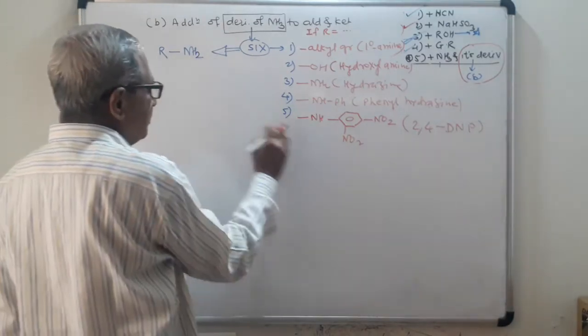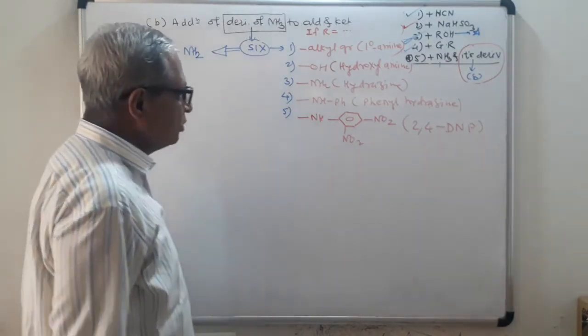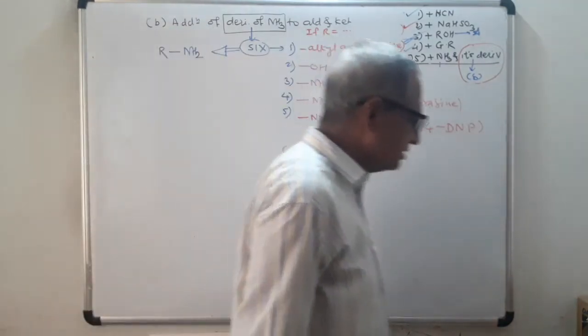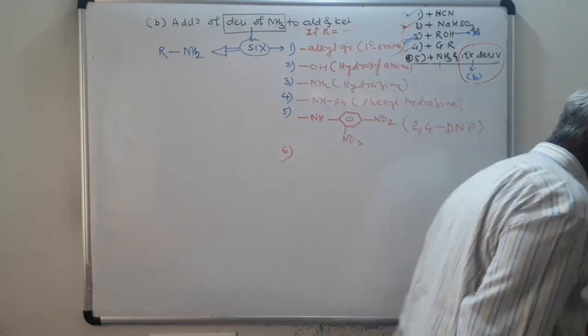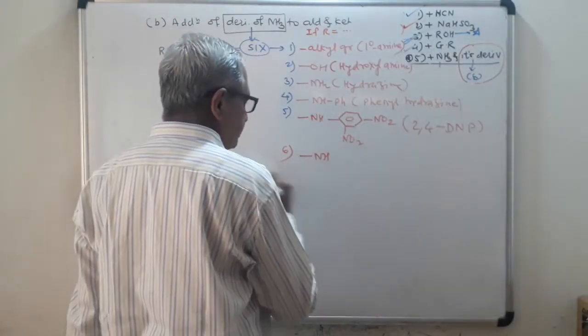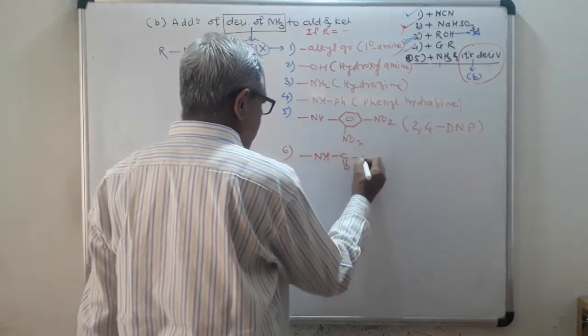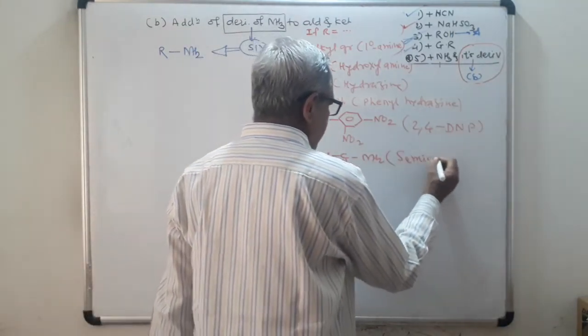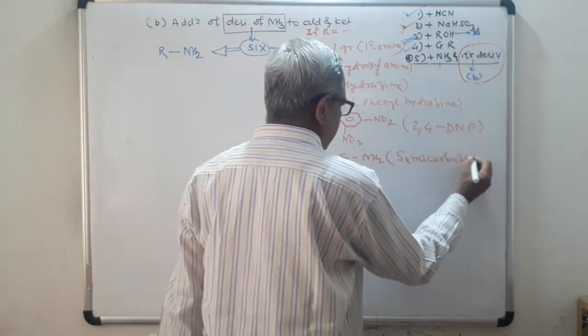Put R equal to this one, it will become 2,4-dinitrophenylhydrazine. Then number 6, if R is equal to NHCONH2, NHC double bond O NH2, it is known as semicarbazide.